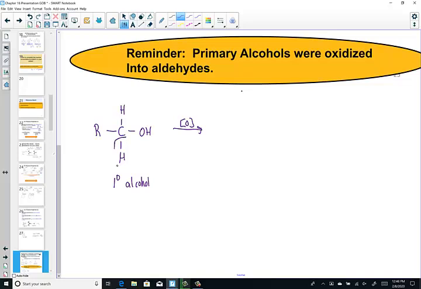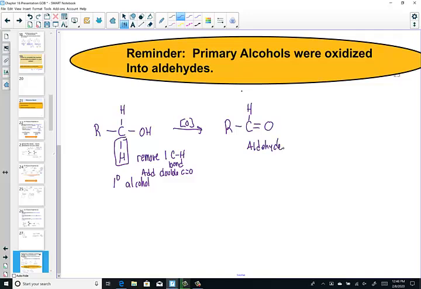So you remove one bond and turn it into a double bond, so here's what happened then. We had R, C, and then this turned into a double bond to create the aldehyde functional group.